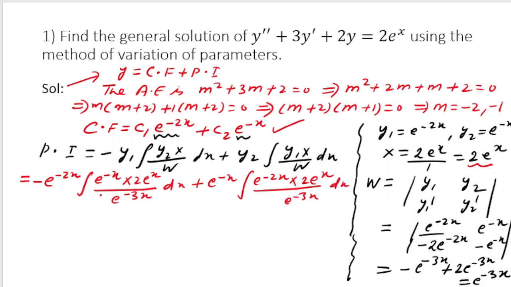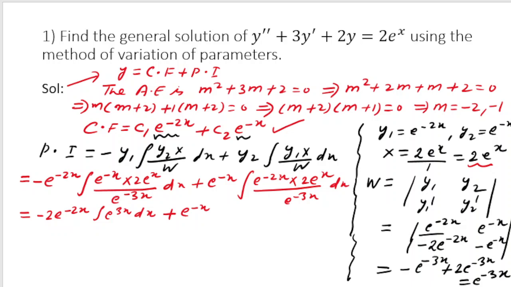Now we have to integrate it. Let me write it and then I will explain. You can take this 2 common. So I will take minus 2 e to the power minus 2x. e to the power minus x and e to the power x will become e to the power 0, so 1, and e to the power 3x will go into the denominator, so it will become e to the power 3x dx, plus e to the power minus x, and here what I will get? e to the power minus 2x and e to the power minus x.